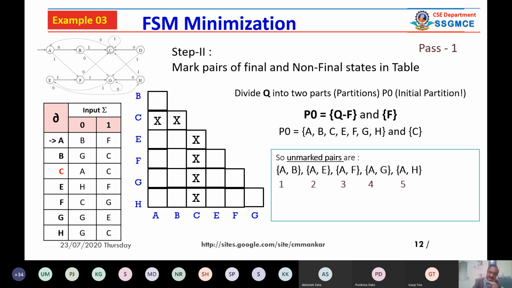Distinguishable pair मतलब क्या? Because they are from different subsets, final states and non-final states.